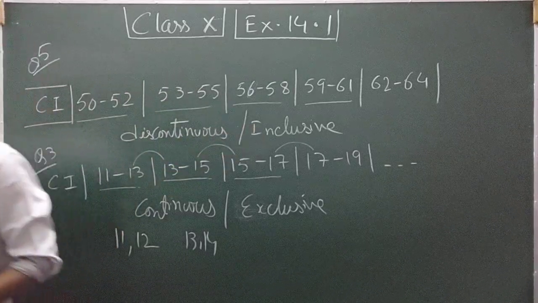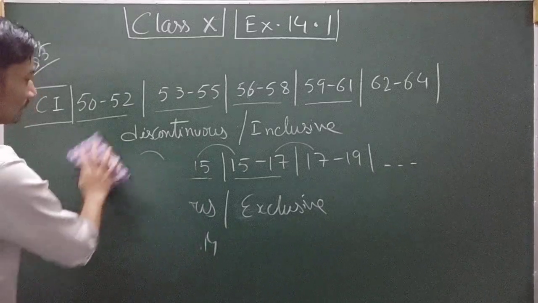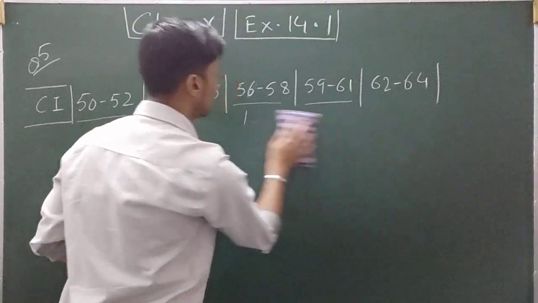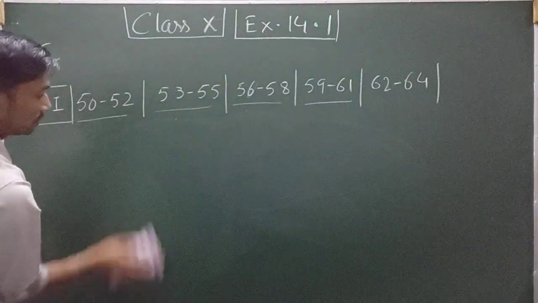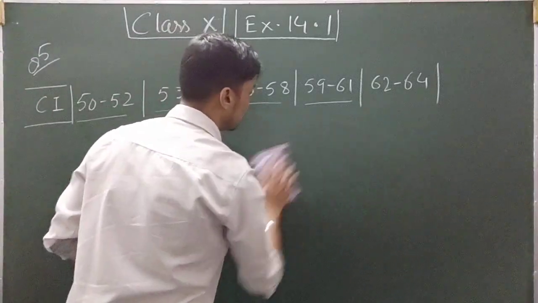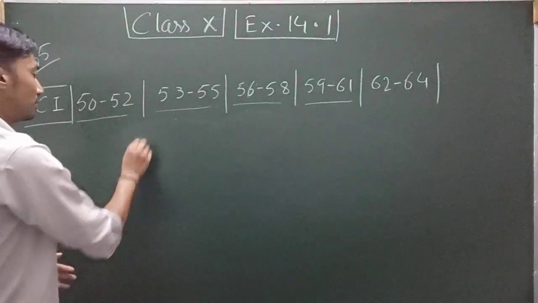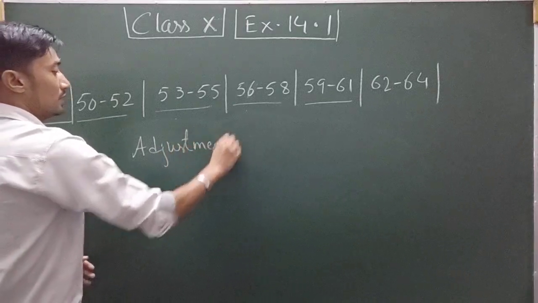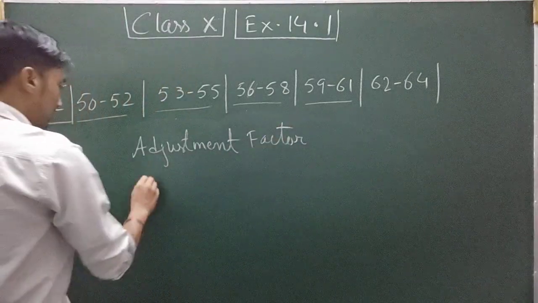Alright, now how do we deal with this particular table? I'll tell you now. Here, without converting it to continuous, we are not allowed to solve. So what we do here is we use a term that is known as adjustment factor.